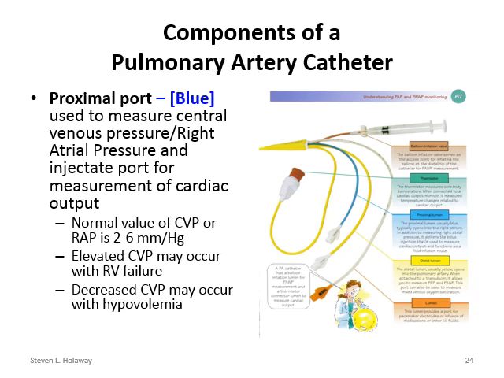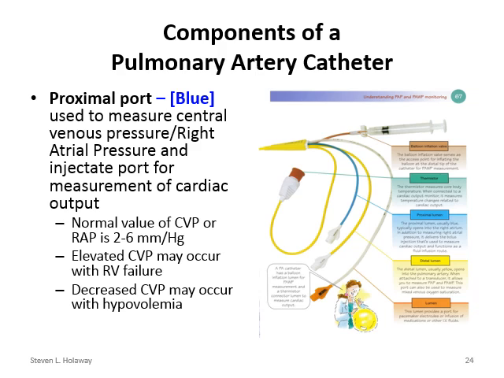We can also see it going up with things such as cardiac tamponade, tricuspid valve stenosis or insufficiency, constrictive pericarditis, pulmonary hypertension, or, as we talked about, right ventricular infarction.